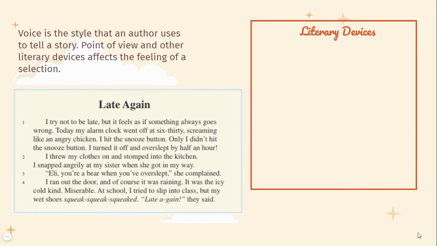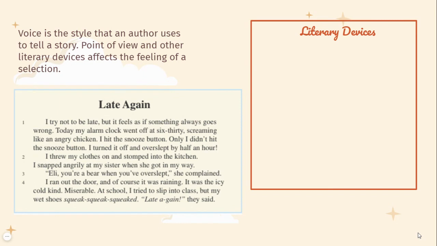Let's read "Late Again" and look for literary devices in this selection. Late again. I try not to be late, but it feels as if something always goes wrong. Today my alarm clock went off at 6:30, screaming like an angry chicken.